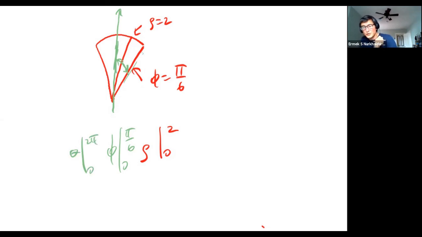So we're ready to switch to spherical coordinates as soon as we found those limits.